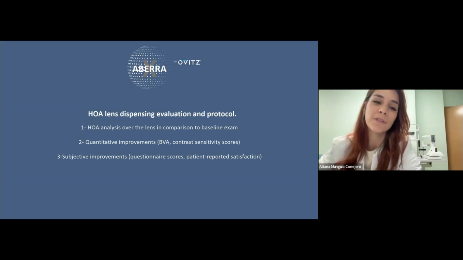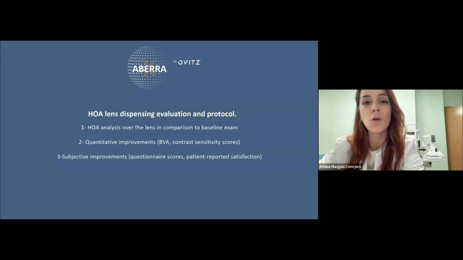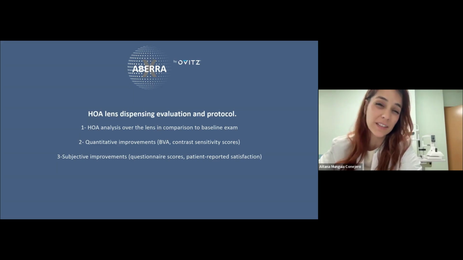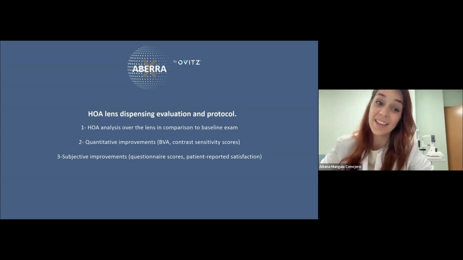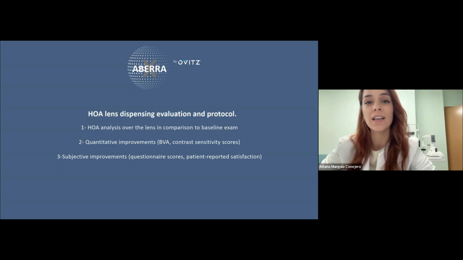So once we have our EHO lenses, how do we handle the evaluation of these lenses on the eye of the patient? We must do three different kinds of tests. The first test is the evaluation of the normalization of the aberrations with the new lens that's customized for the patient.